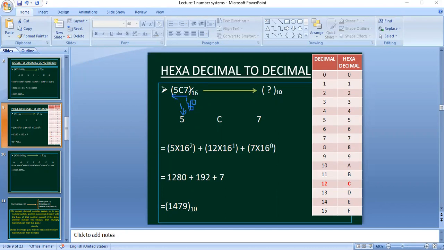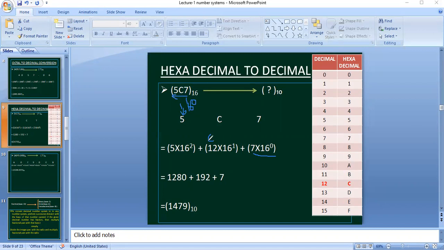Each digit should be multiplied by its positional weight and then add all the product terms. See here, 7 into 16 power 0, similarly C into 16 power 1, and 5 into 16 power 2.